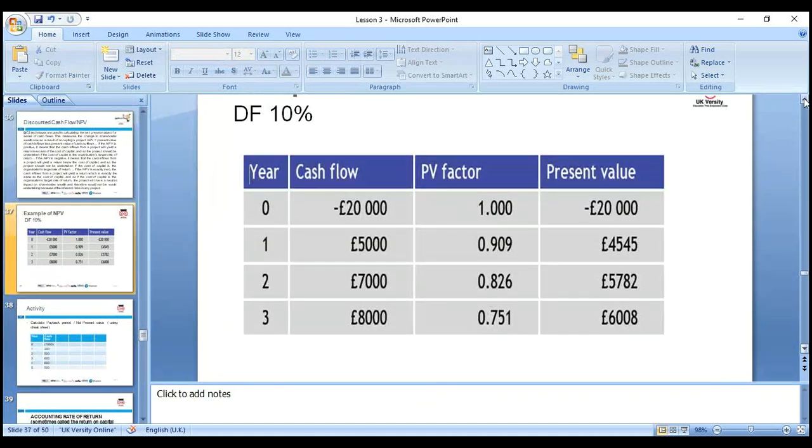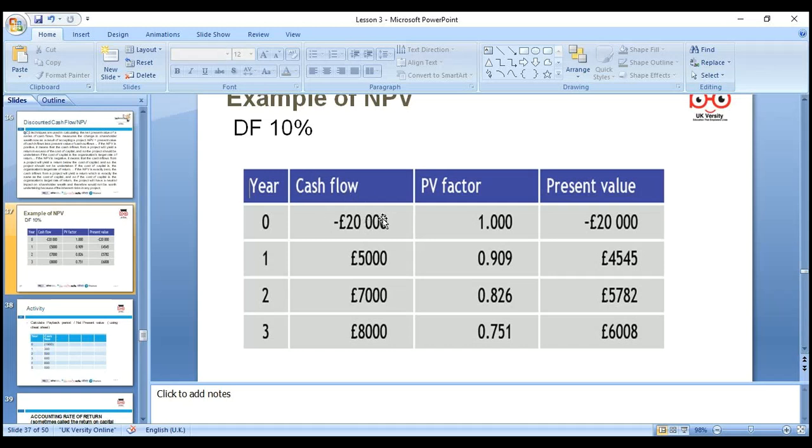So we'll see in the next example now. We're investing in this project 20,000. Year 0 is the current year, present value of 20,000. Today 20,000 is 20,000. We use PV, which stands for present value.